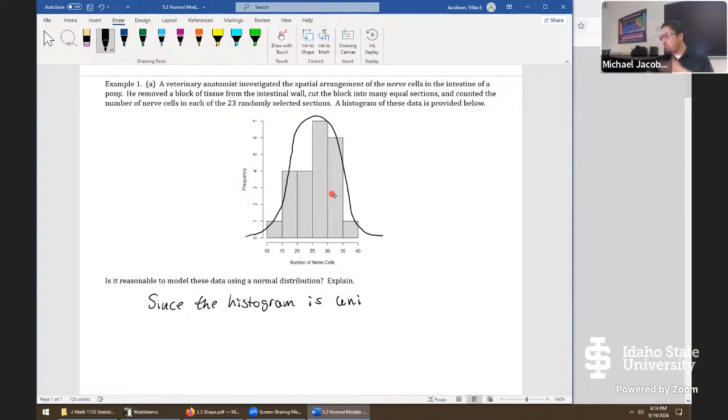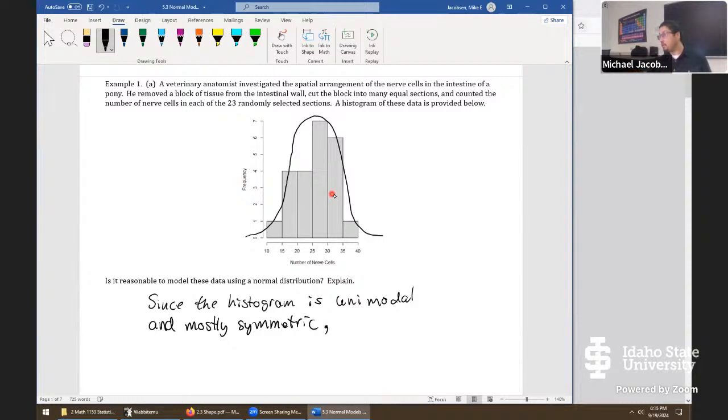is unimodal and mostly symmetric, it has that slight left skew, but that's not enough to make the condition not work.